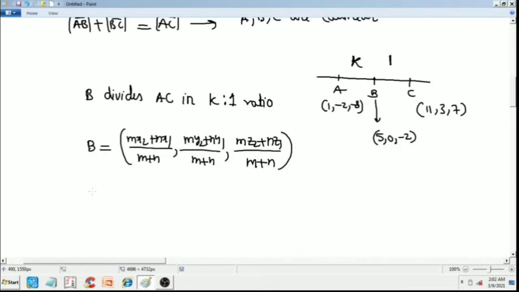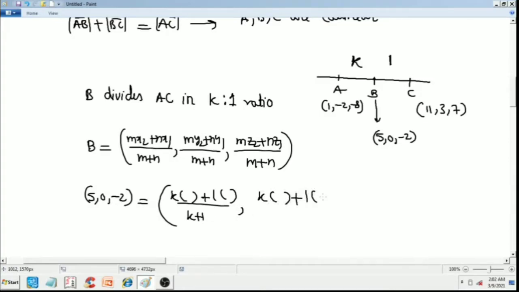So from here B is equal to (5, 0, minus 2), which is equal to (k into x2 plus 1 into x1) by (k plus 1), comma (k into y2 plus 1 into y1) by (k plus 1), comma (k into z2 plus 1 into z1) by (k plus 1).